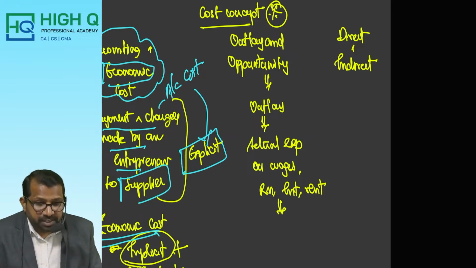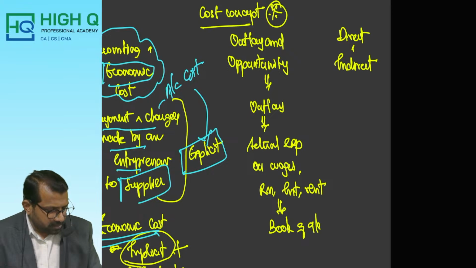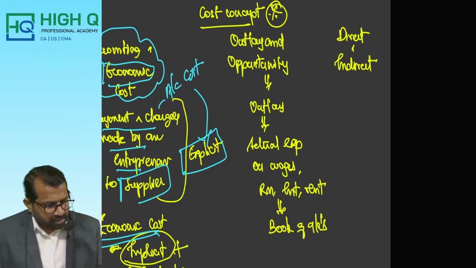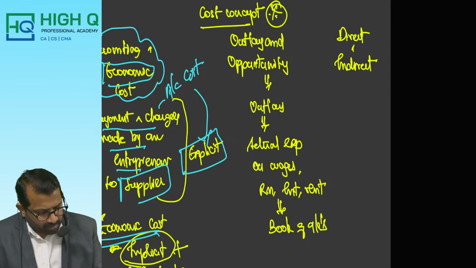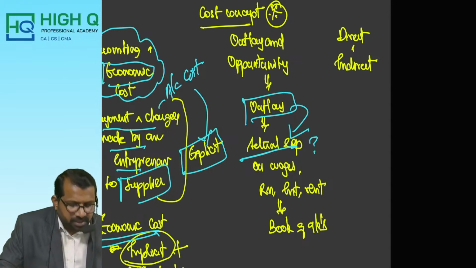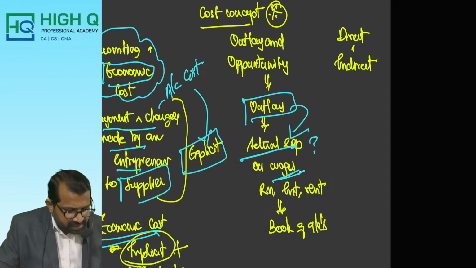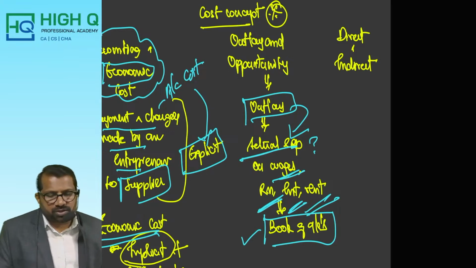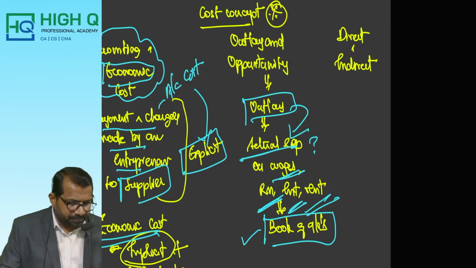All these expenses are recorded in the books of accounts, called outlay, which represents actual expenditure. Actual expenditure on wages, raw materials, interest, rent, recorded in the books of accounts. Hence it is called outlay cost.